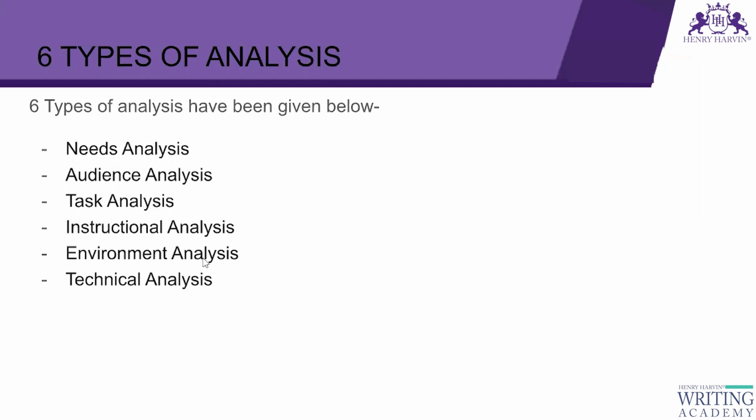Technical analysis, based upon their technical skills: whether they are not good at programming, problem solving or testing. It is more about the technical aspects. These are the 6 types of analysis. Based upon that, my next phase starts.